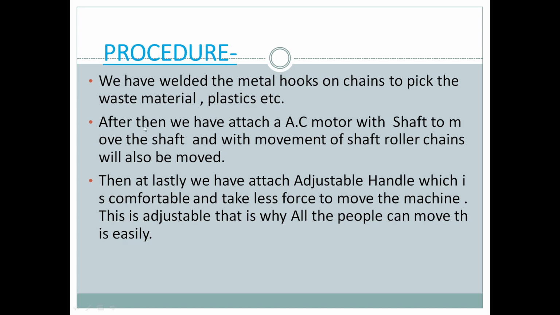So my next point is after that we attached an AC motor with the shaft to drive the shaft, and with the movement of the shaft the rolling chain will also move. When the shaft moves through the AC motor, then the chain will also move. The next procedure is that lastly we attached an adjustable handle, which is comfortable and takes less force to move the machine. This is adjustable, that is why all people can move it easily.